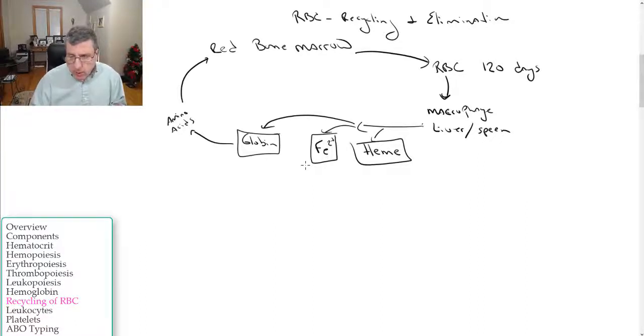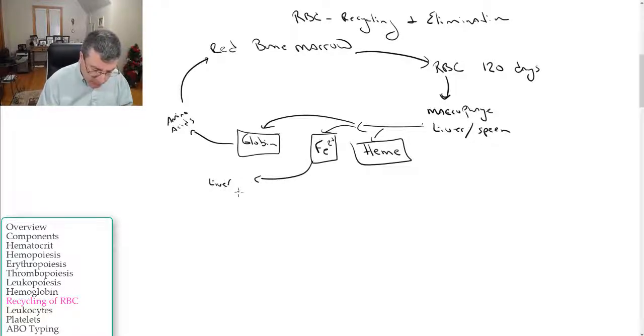So iron can be taken to the liver or spleen, okay? And it is primarily going to be stored, and it's primarily stored in the liver in this case.